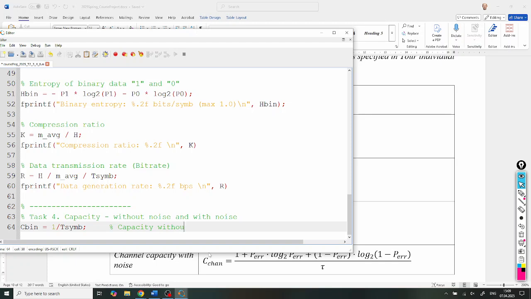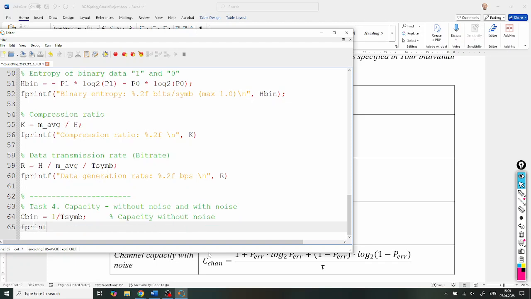Capacity without noise. fprintf, channel capacity, no noise. Also bits per symbol. C binary.